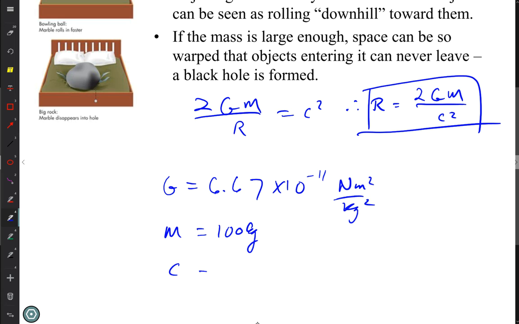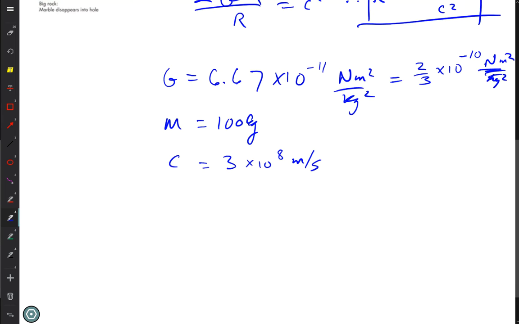And the speed of light is equal to 3 times 10 to the 8 meters per second. Okay, so I put G as 2/3 times 10 to the minus 10. It's the same as 6.67 times 10 to the minus 11.